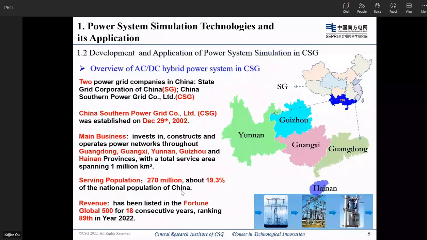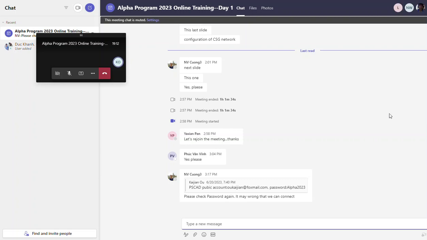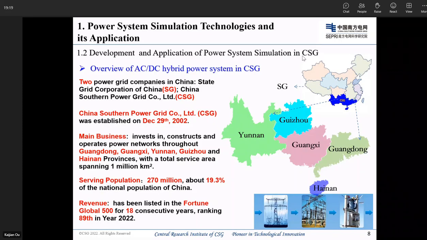And then next, I will introduce the development and application of power system simulation in CSG, how CSG develops and applies power system simulation technology and tools.